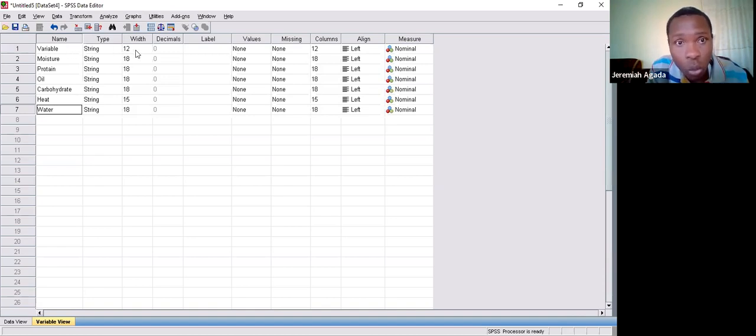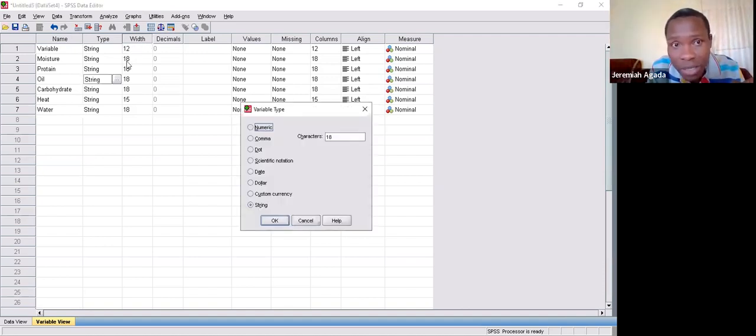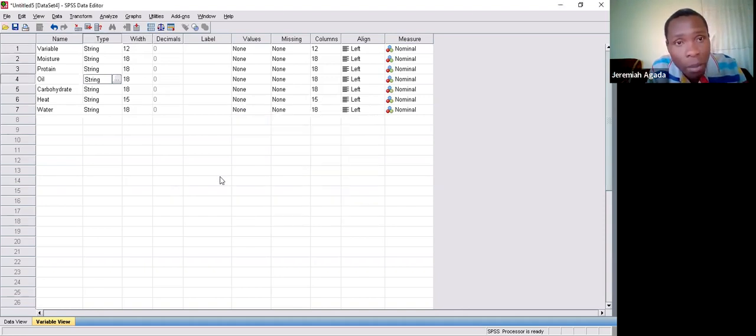So we said our width. This width basically means the count of figures that can enter that space. So here we can type up to 12 words or numbers.